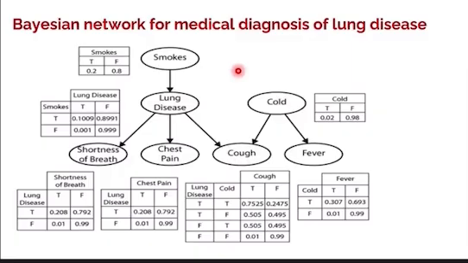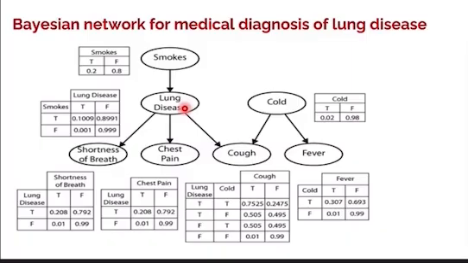If I want to figure out the probability of lung disease, putting into consideration the probabilistic dependencies with other variables, I can figure it out from this structure.